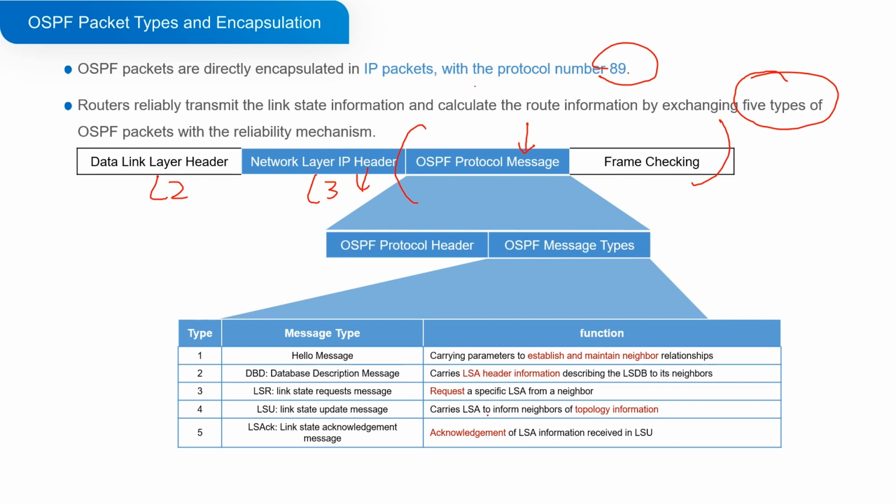So the LSA information will be included in the LSU packet. The LSU is the link state update message, and it carries the LSA information. The LSA information will include the detailed parameters about every router, every segment, every interface.